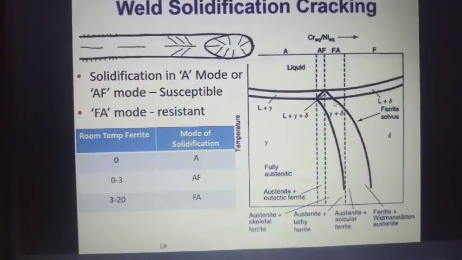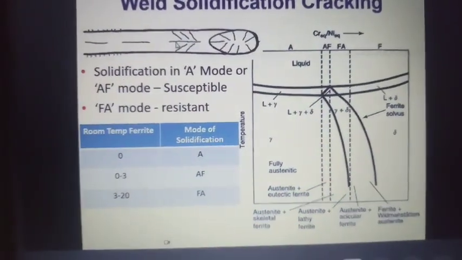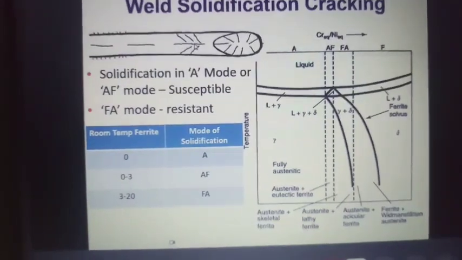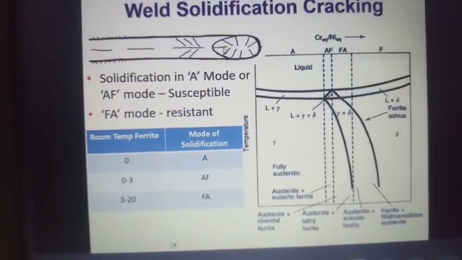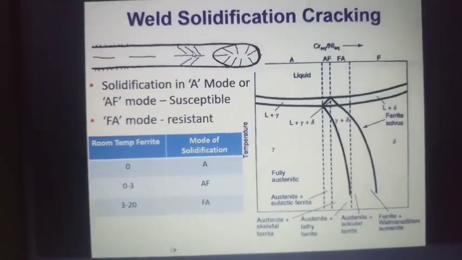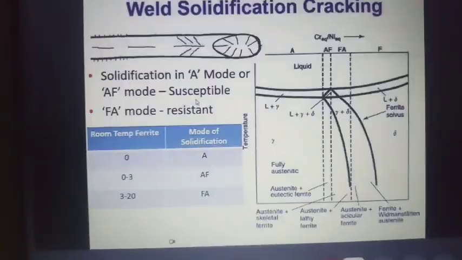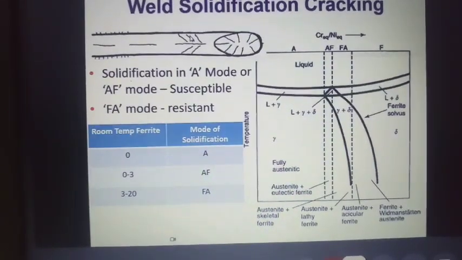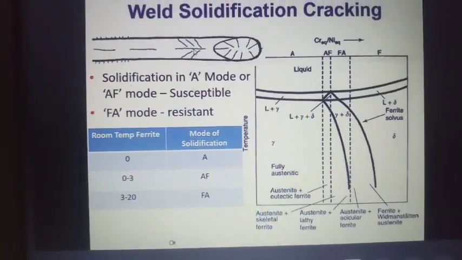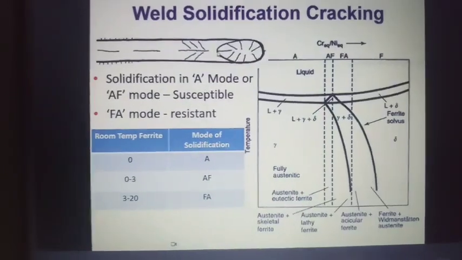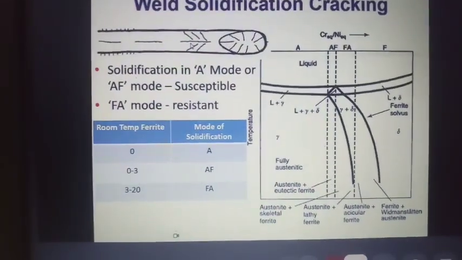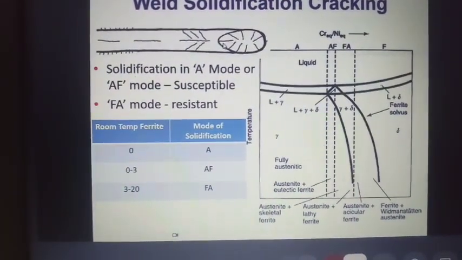Now, if sulfur and phosphorus are in the liquid phase at 900 degrees C, the weld will shrink and pull in this direction and this direction due to solidification shrinkage. If the sulfur and phosphorus are in the liquid stage, it will end up in cracking.